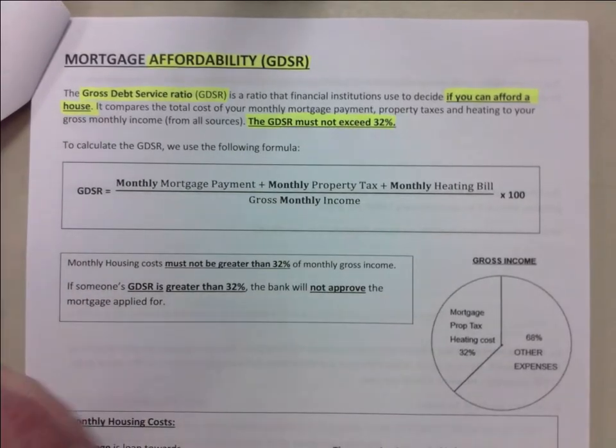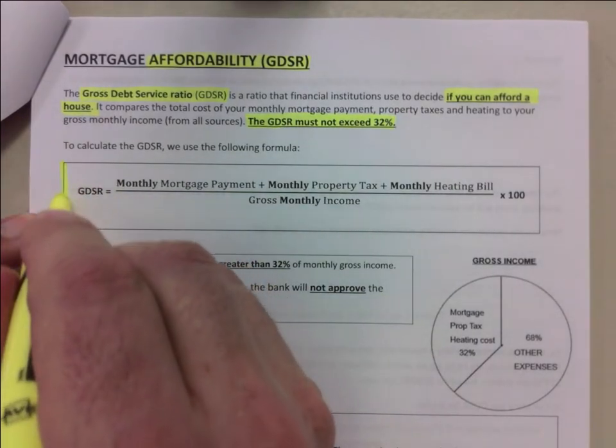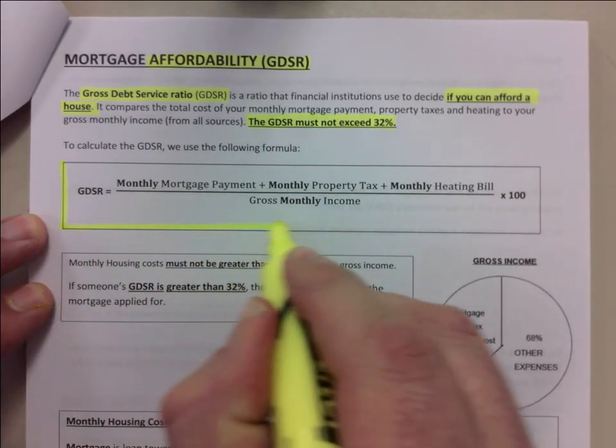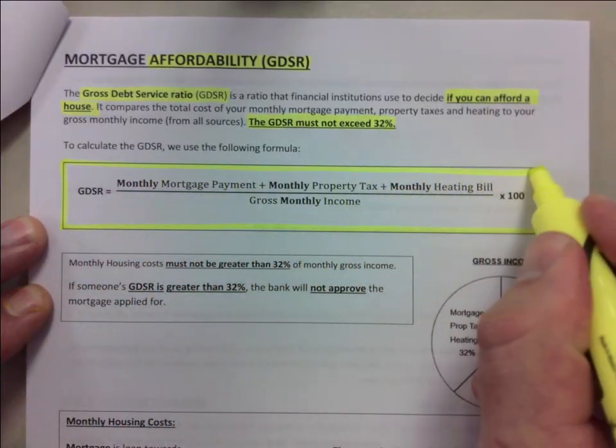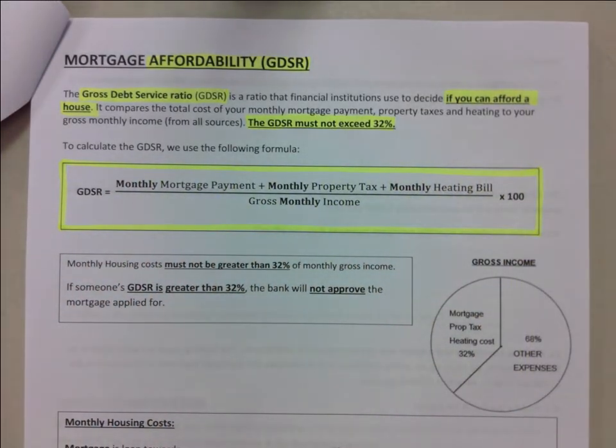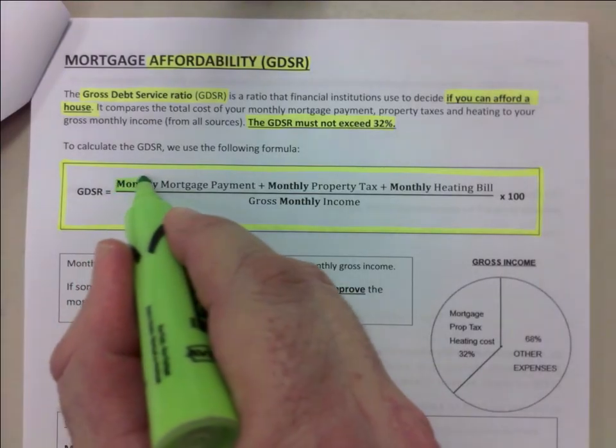How do we calculate the GDSR? Here it is. Emphasis on, I'm going to use a different color for this. What's the word that keeps on coming up everywhere here? The word monthly.